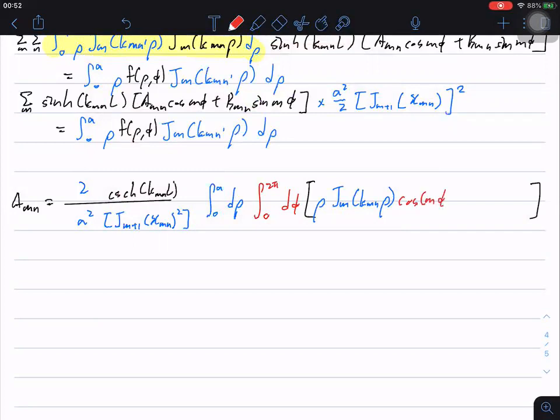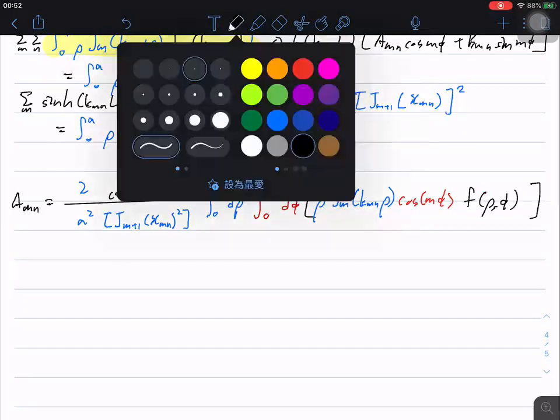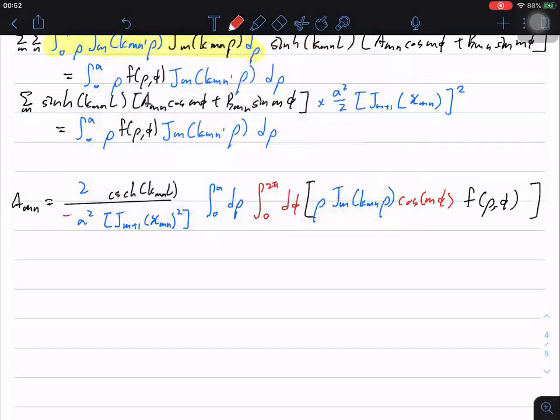for A, because a_mn is the coefficient of cosine n phi, so you have to multiply by cosine n phi in order to obtain the coefficient. And also, don't forget the normalization constant for the Fourier series. You have an extra pi on the left-hand side after the integration, so when you move it to the right-hand side, it becomes 1 over pi.